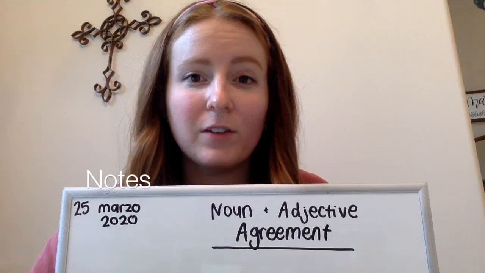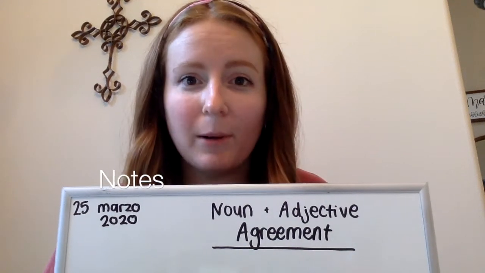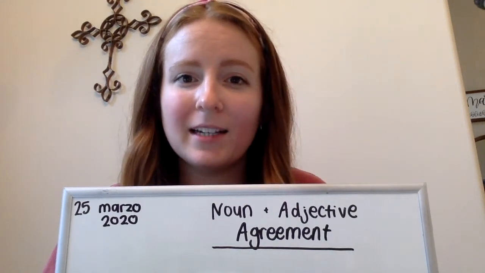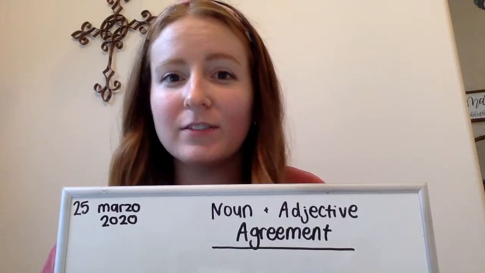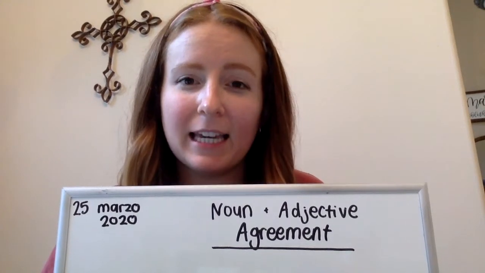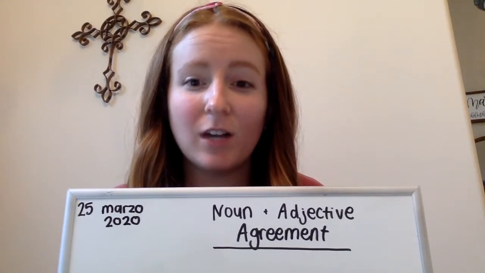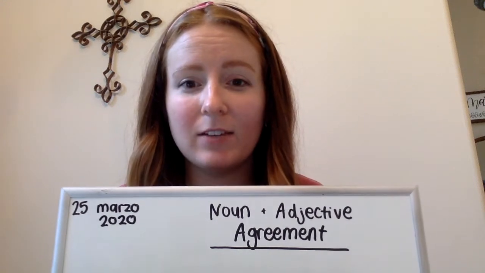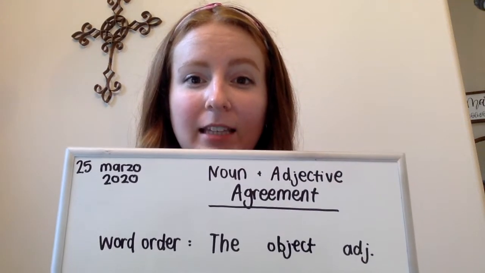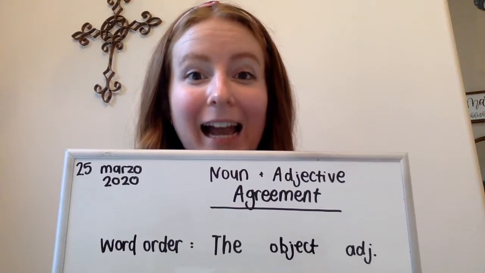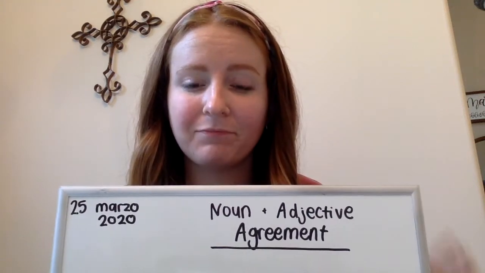But the topic that I want to focus on with you in this video is making nouns and adjectives agree. If you follow along with me in your notes on the PowerPoint, you'll remember a few basic concepts about making nouns and adjectives agree. The first big thing is that nouns and adjectives go in a different order in Spanish than they do in English. Okay, remember that the adjective is supposed to come last. It's supposed to come after the noun.